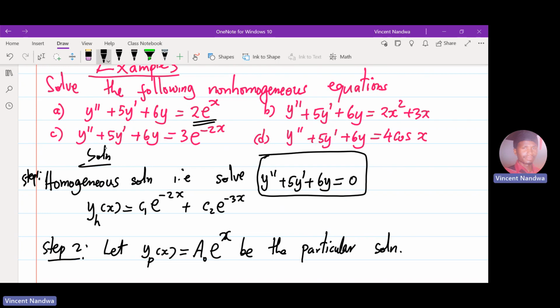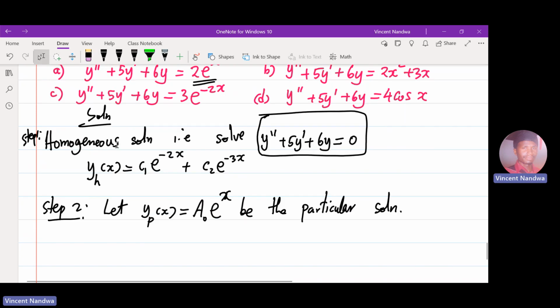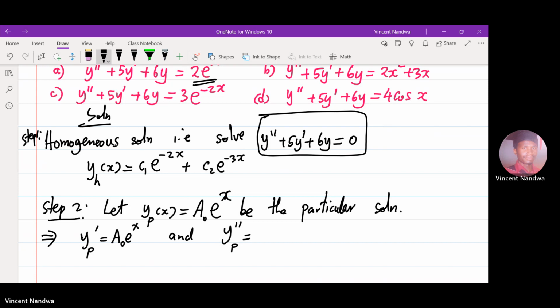So what we are going to do is to get the derivatives of this function, replace into the equation, and then solve for the unknown a naught. So yp prime will be a naught e raised power x, remaining the same. And the second derivative, the same thing.